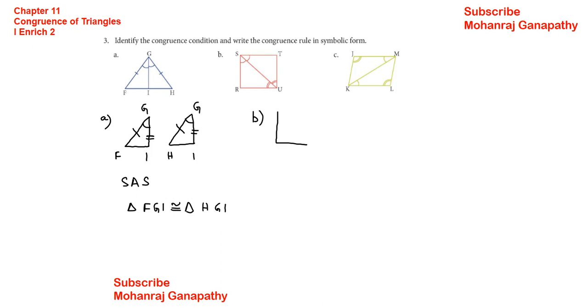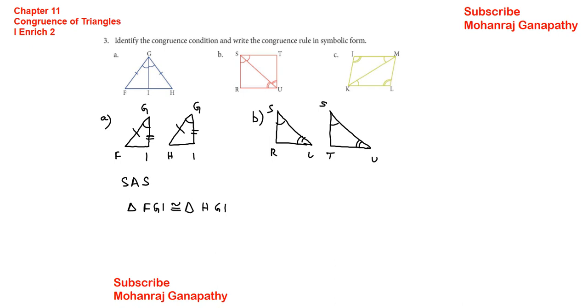B. Let us split the triangle into two parts, so the diagram into two parts: S, R, U. I am drawing the second one in terms of the first triangle: S, T, U. There is a common side between them. Angle, side, angle.